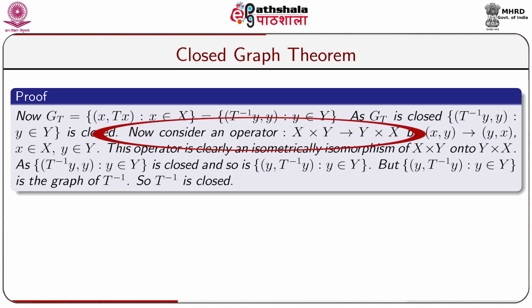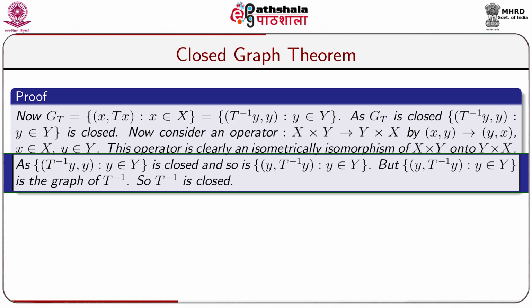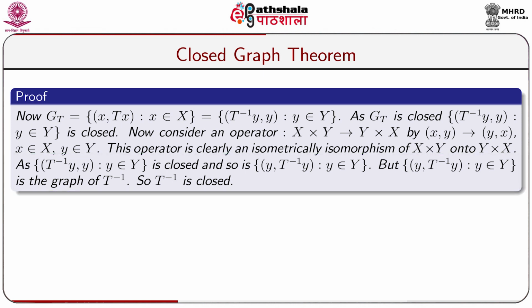Now consider a mapping X cross Y to Y cross X given by the pair (x, y) goes to (y, x), where x belongs to capital X, y belongs to capital Y. This mapping is clearly an isometric isomorphism of X cross Y onto Y cross X, as the set of pairs (T inverse y, y) is closed, and so the set (y, T inverse y), where y is taken from capital Y, is the graph of T inverse, so T inverse is closed.